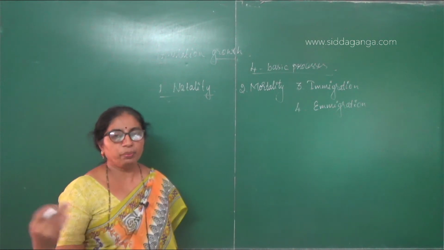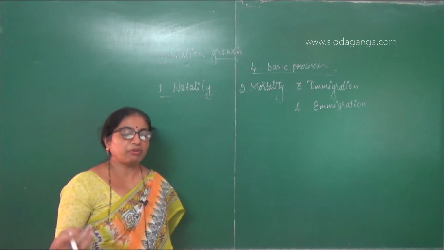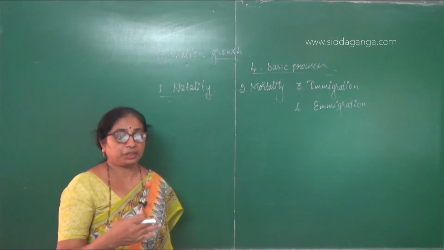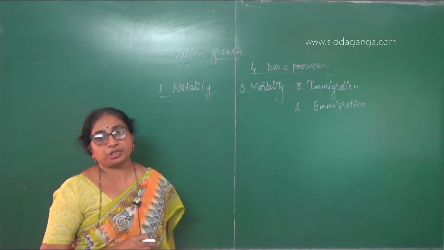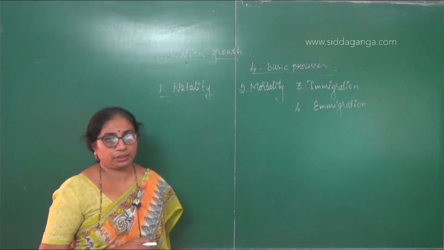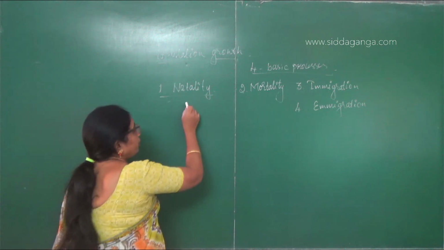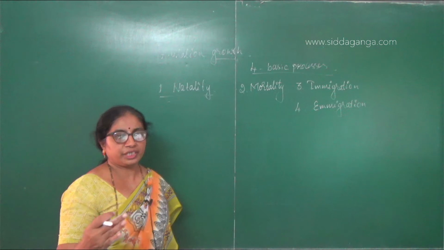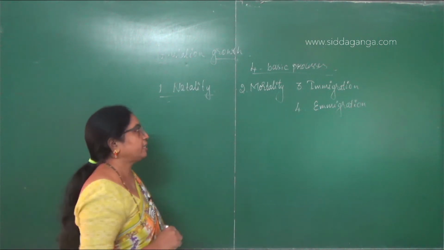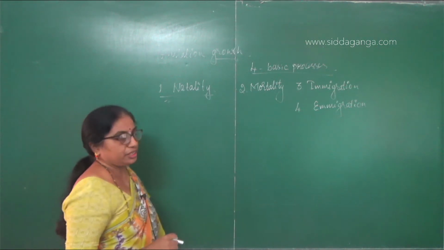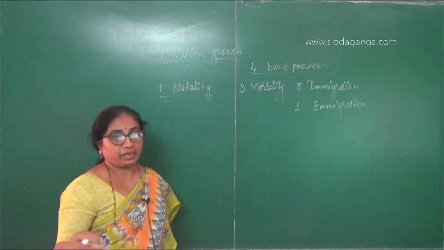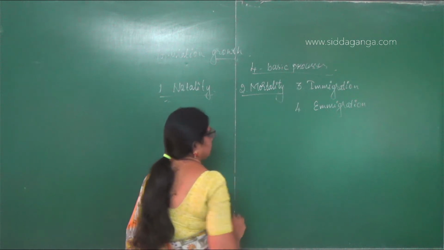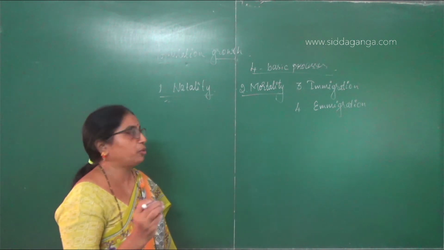So by new births, some of the individuals are added to the population, thereby they bring about an increase in the population size, right? So the birth rate will increase the population size, which is called natality, in a particular habitat and in a given period of time.